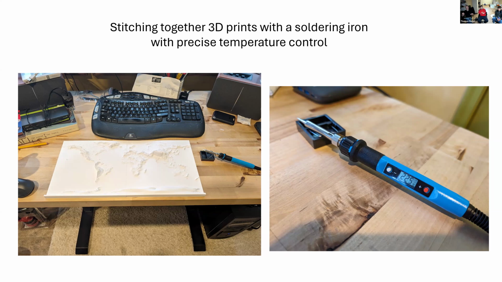A couple of years ago, for the one that's hanging up at Virginia Tech, I just took a soldering iron and plugged it into a dimmer switch, so I could manually adjust the amount of energy going in. But this new soldering iron has precise temperature control, so I could just set the temperature of the head to the melting temperature of the filament, and basically weld or solder the two pieces together.